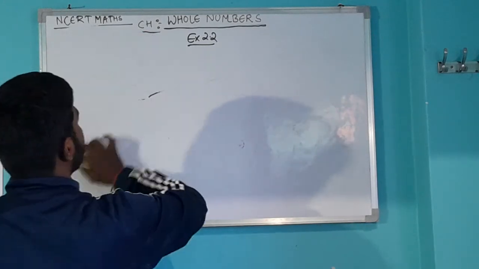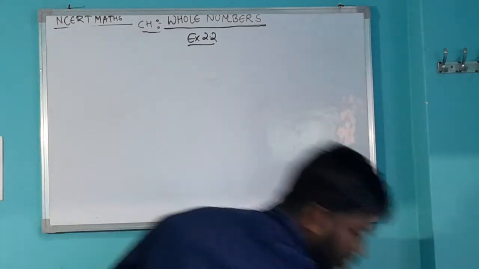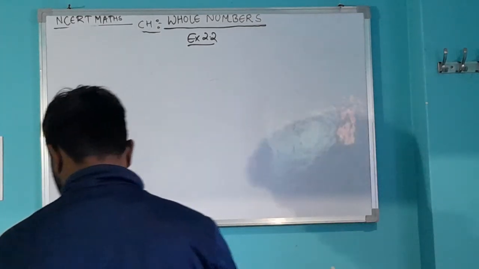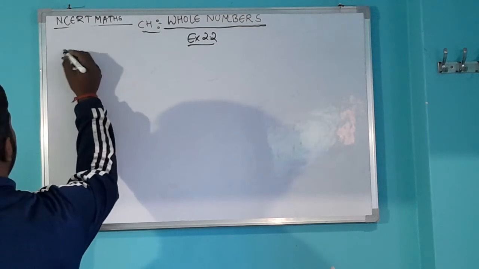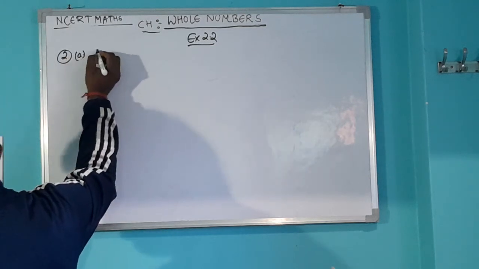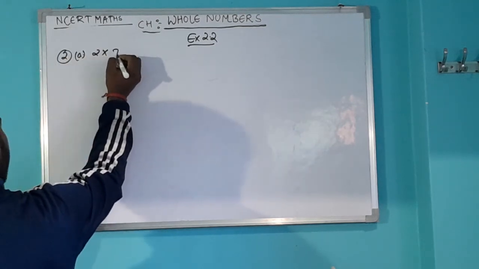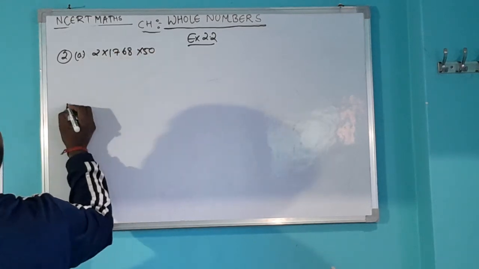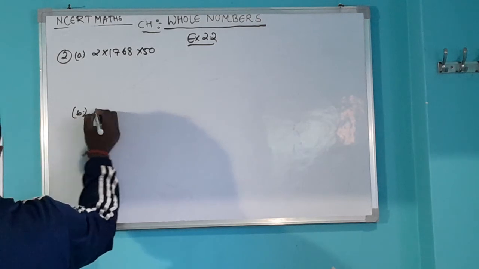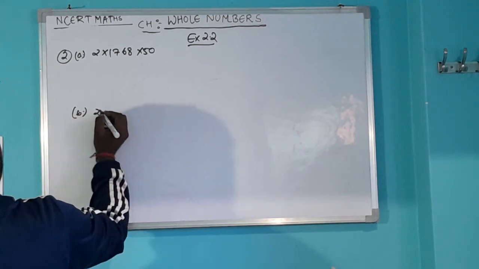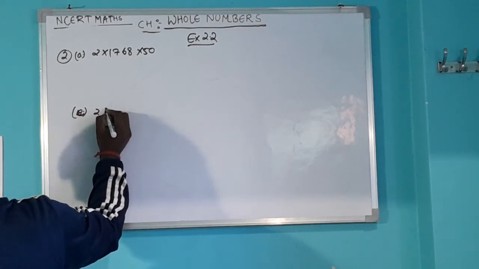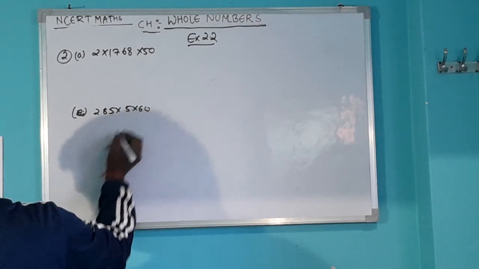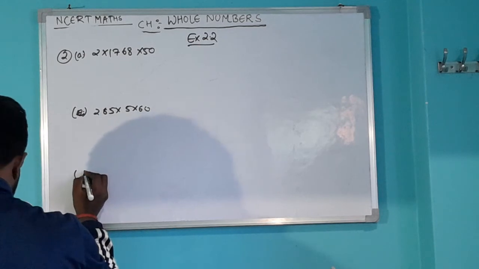Let's solve our second question, which is based on products. Now A part is 2 into 1768 into 50. I leave some parts for your homework; they are very easy and similar to the given examples.